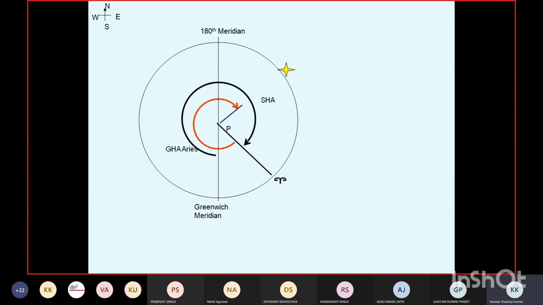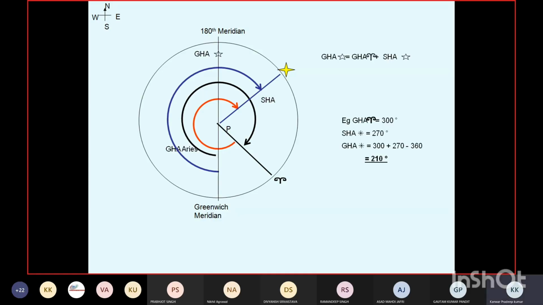GHA Aries, SHA star, GHA star, same formula. Now we take the angles, then it will be more clear to you. GHA Aries is 300, SHA star is 270.